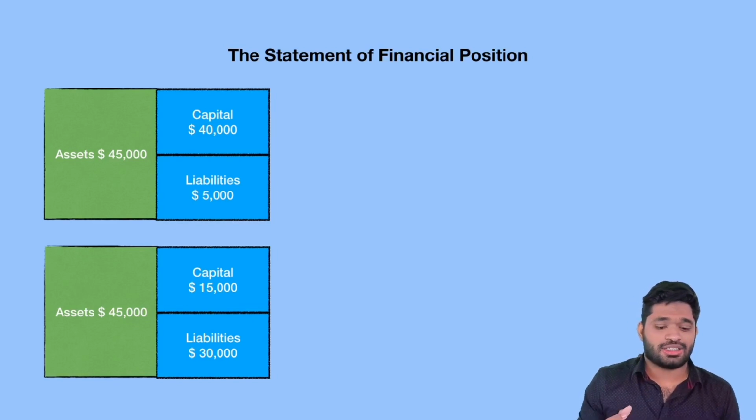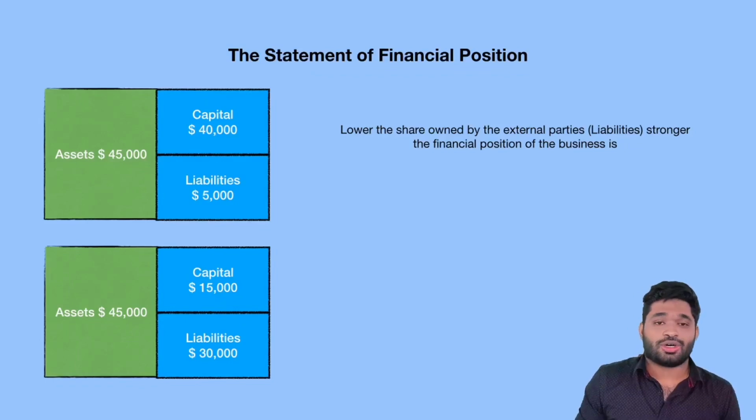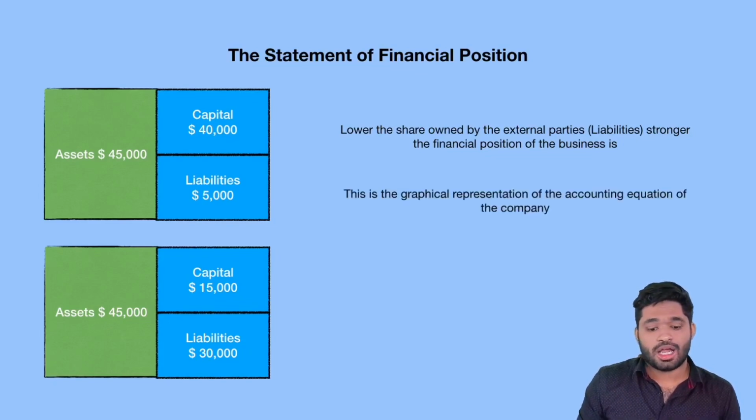So this is what the statement of financial position is looking at, right? So the lower the share that is owned by external parties, the stronger the financial position of the organization, right? Now, when you look at these three elements, assets, capital, and liabilities, what comes into your mind? Yes, the basic accounting equation, which is assets equals capital plus liabilities.